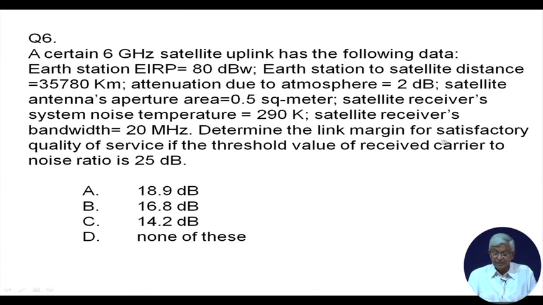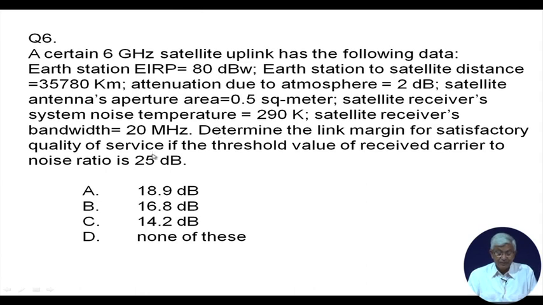Determine the link margin for satisfactory quality of service if the threshold value of the received carrier to noise ratio is 25 dB. At 25 dB we are just satisfied, C by N of 25 dB, but now we have to find out how much more we are getting above 25 dB.